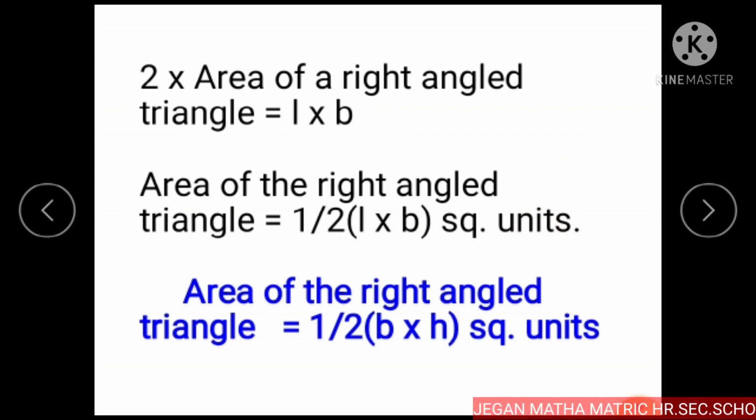Here L equal to base, breadth equal to height. So, area of right angle triangle equal to 1 by 2 into base into height square units.